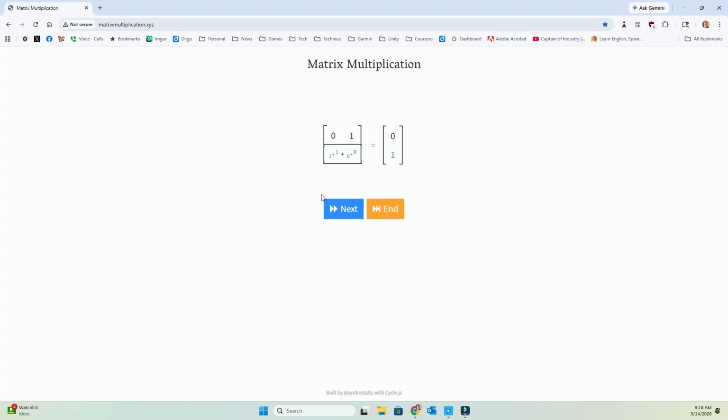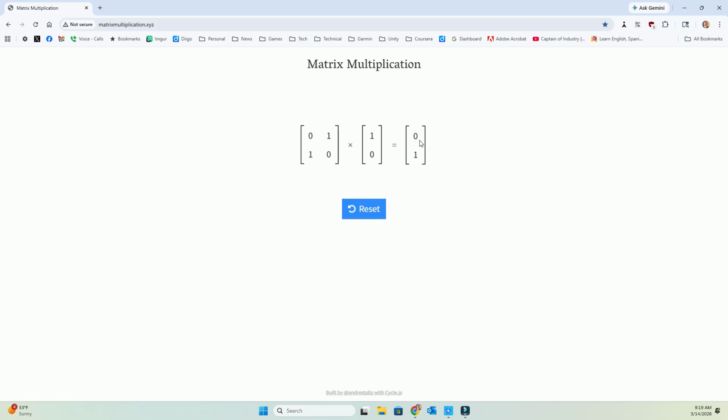And then we bring that down to the next row and multiply those. 1 times 1 is 1 plus 0 times 0. 1 times 1 is 1, and this is 0, so 1 plus 0 is 1. And now we'll complete the equation and compare. The incoming state now has been flipped by the X gate, which is defined by this matrix.